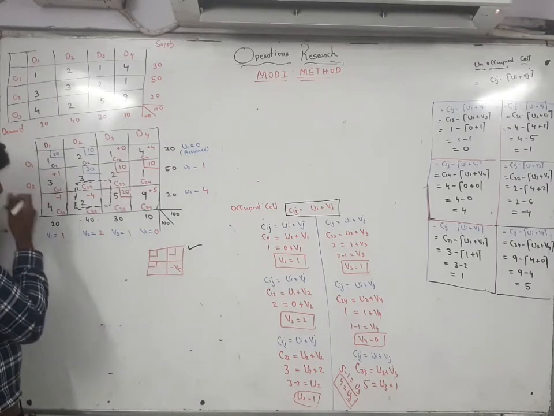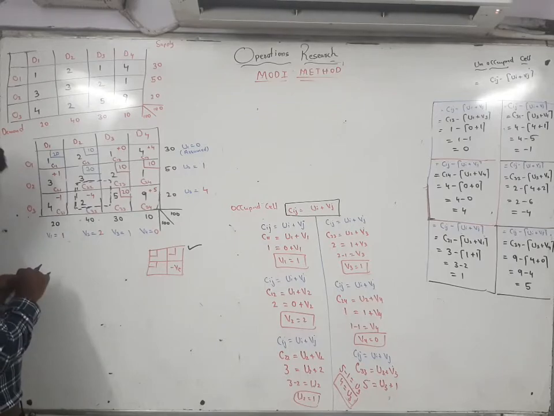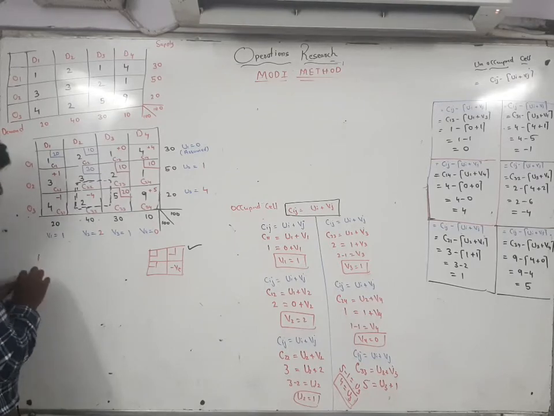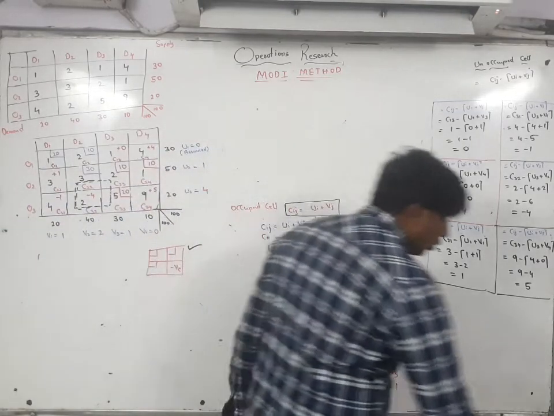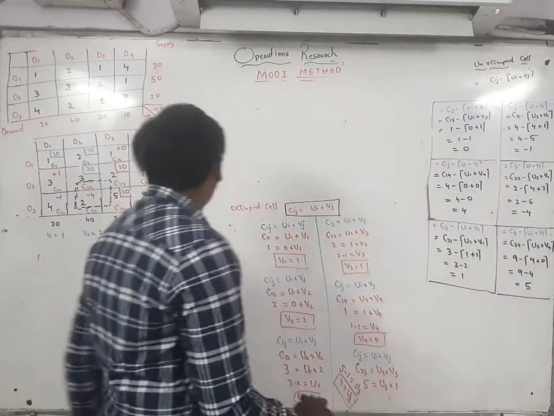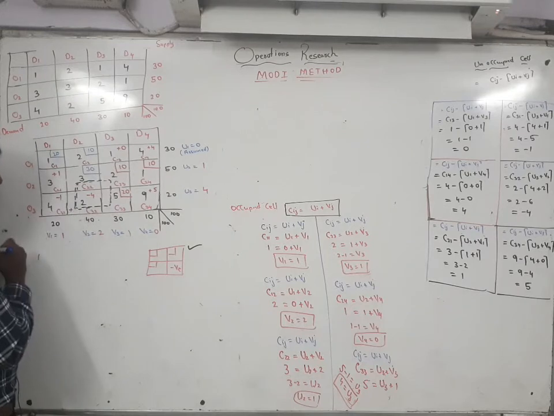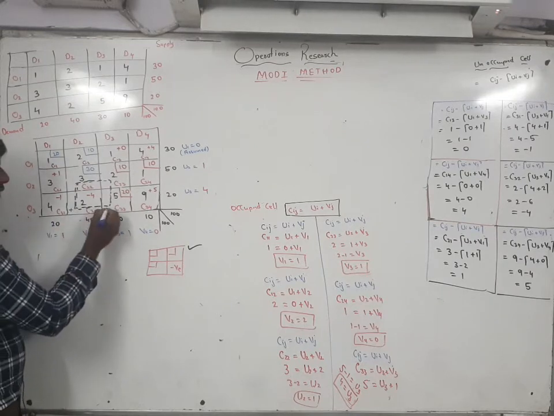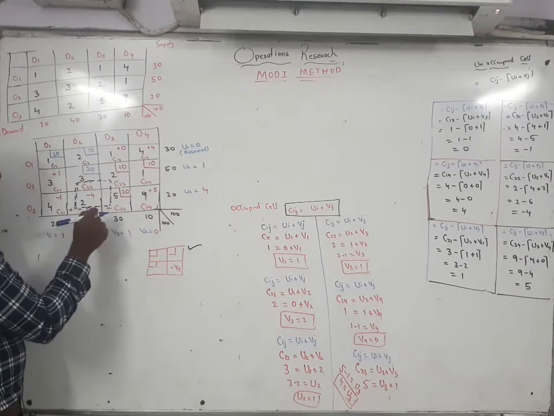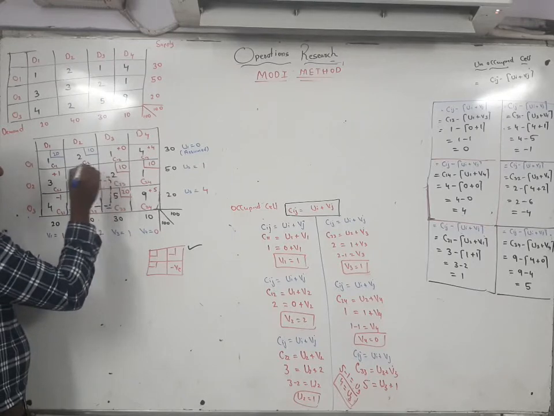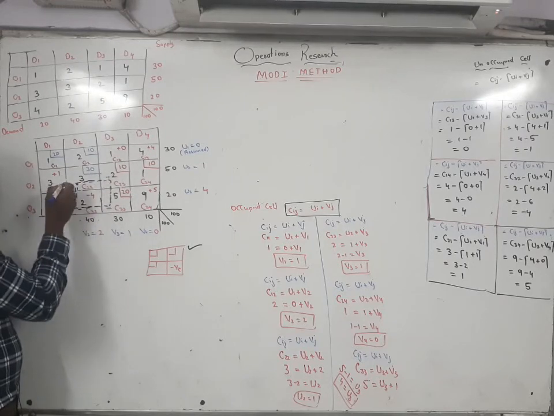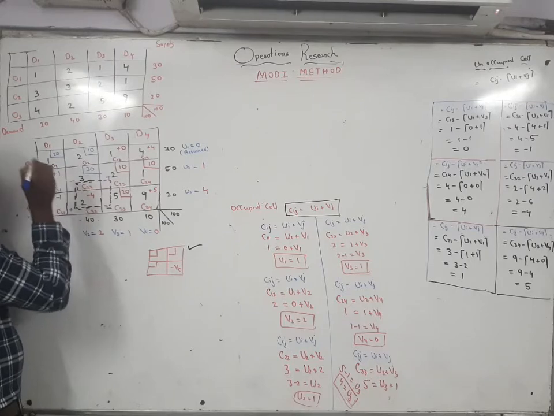Then where is the unoccupied cell? As you can see here, the unoccupied cell is positive. If this one is positive, this one will become negative. If this one is negative, again this one will become positive, and if this is positive, again this will become negative.